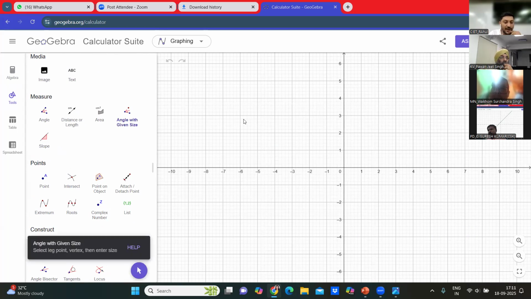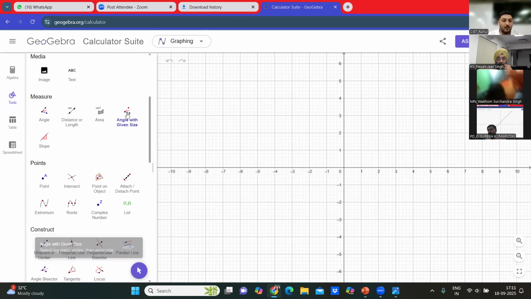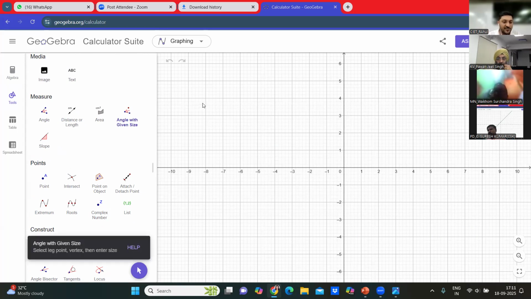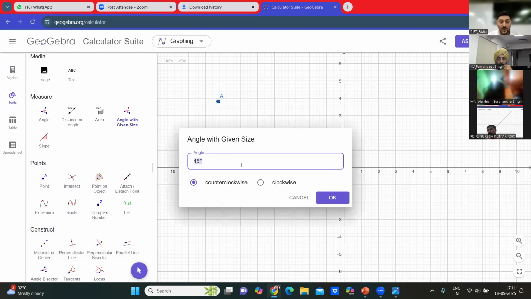Click here, angle with given size. For making an angle with given size, select the leg point, vertex, then enter the size. Now we enter 60 and click on OK.